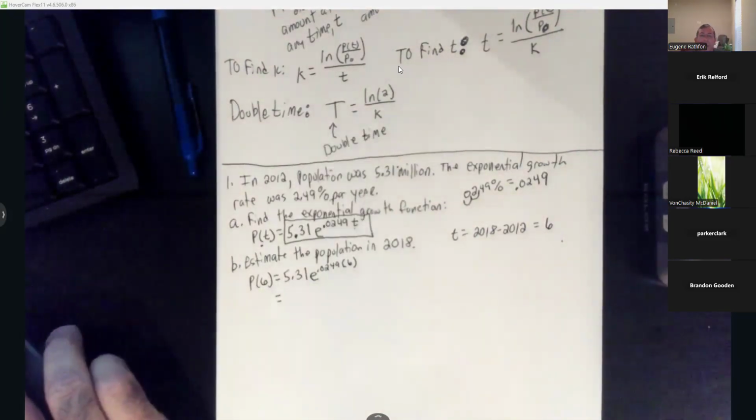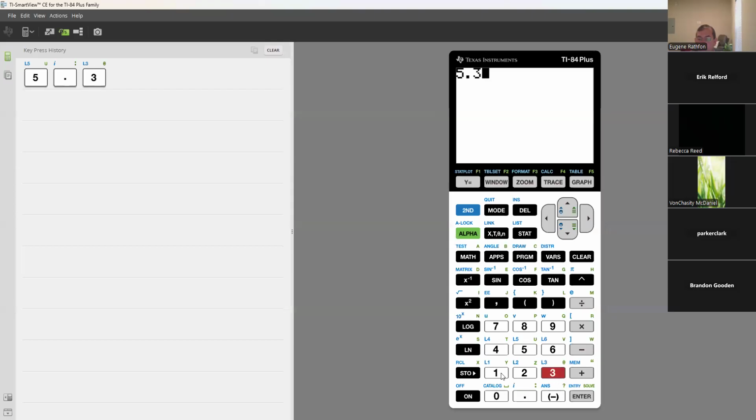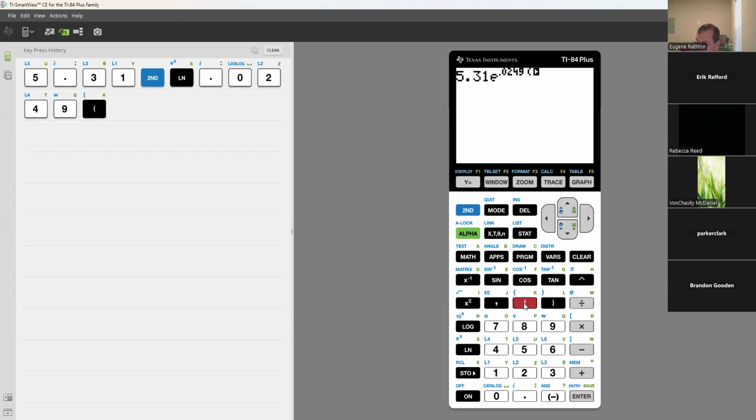So, y'all, let's go to our calculator and punch this in. All right, so I had 5.31. Now, for these problems, I always use the second LN button because that'll give you the E with the exponent. And then I can put in my 0.0249 times my T, which was 6 years.